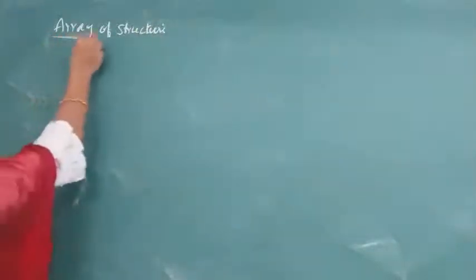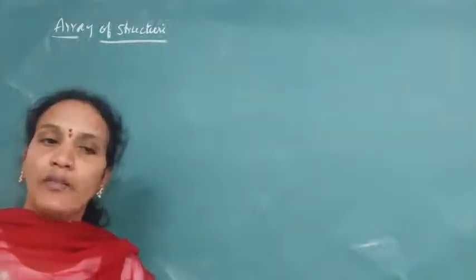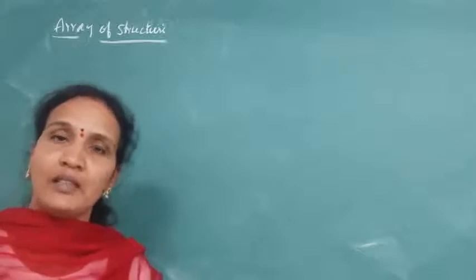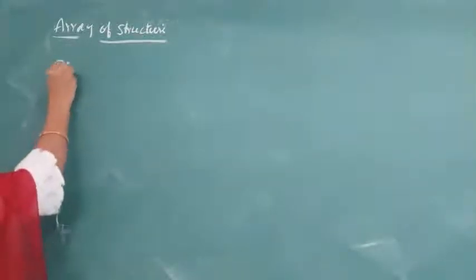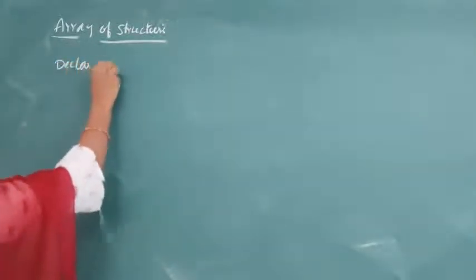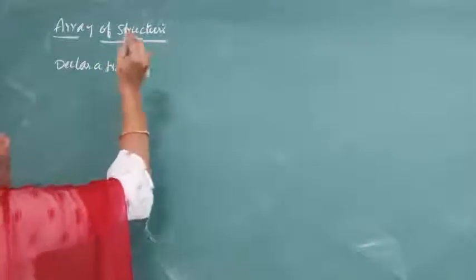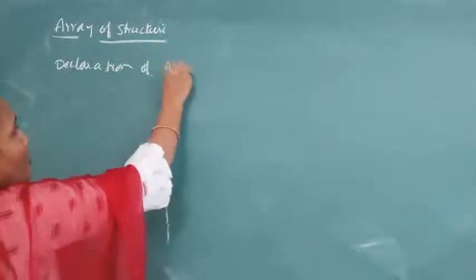Okay. See example. Array structure, just now we explained, if more than one variable wants to use the same structure, then we can declare those variables as an array. Okay. So example, declaration of array of structure.